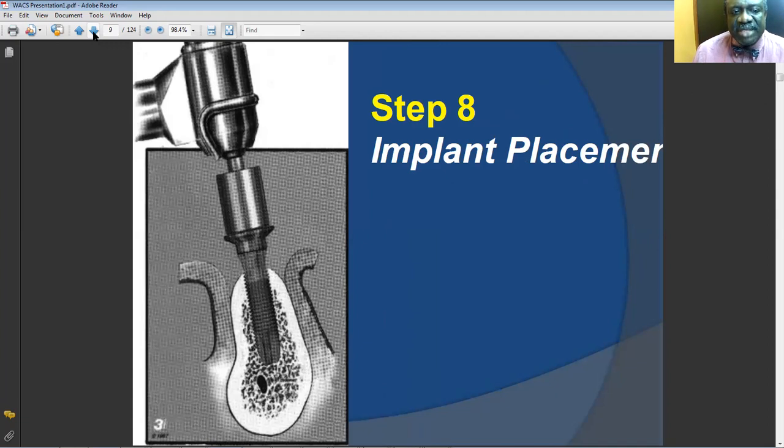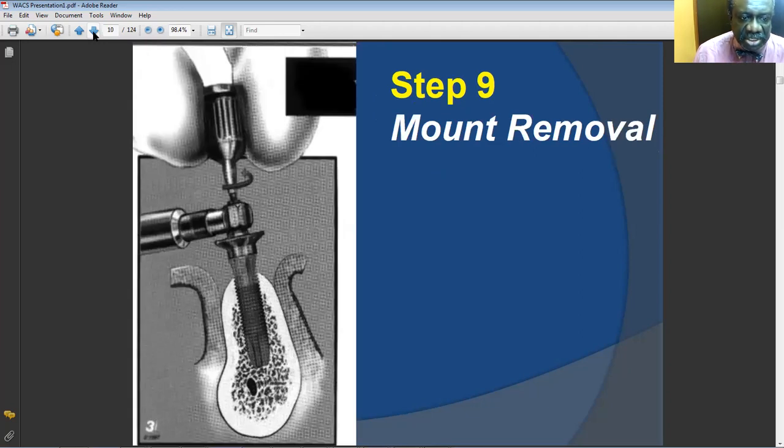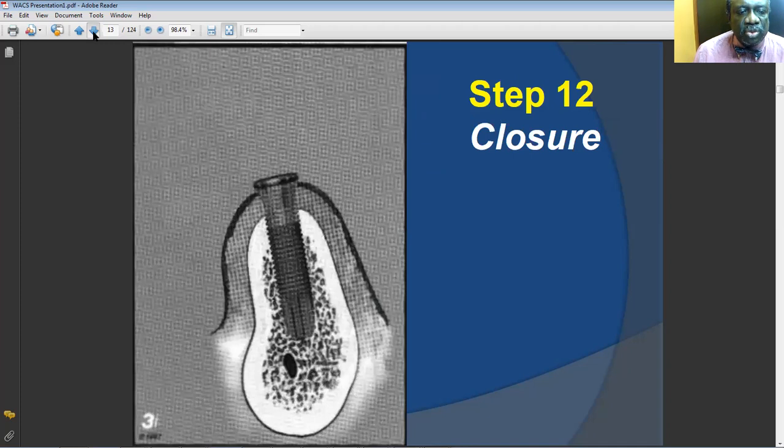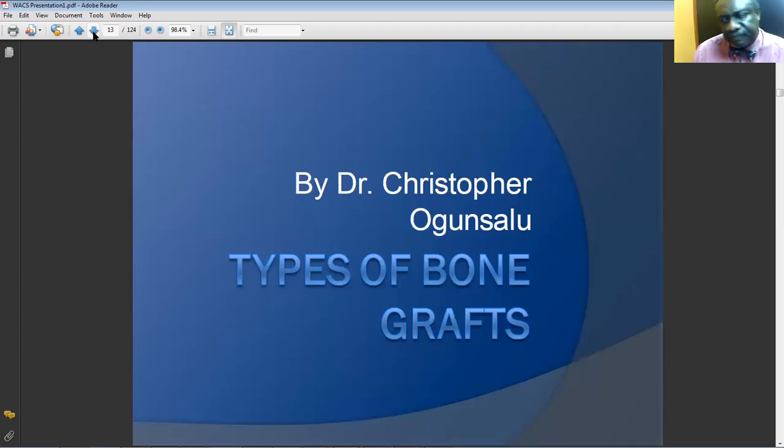It's more interesting, and you can protect the crestal bone from shattering, especially in the maxillary region. As you can see, this is now removing the mount from the implant that you have driven in, and then placement of the cover screw, and that is it.